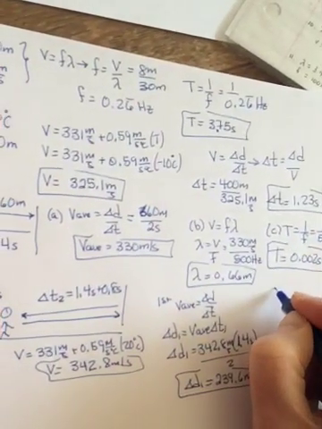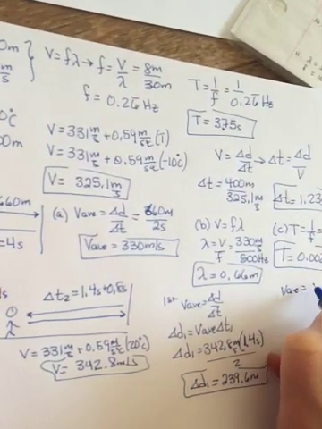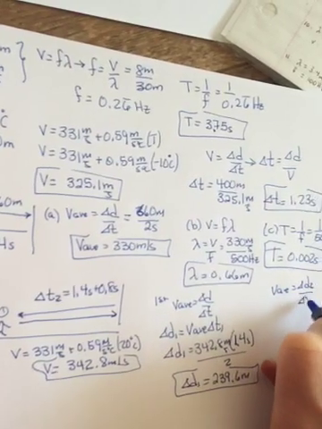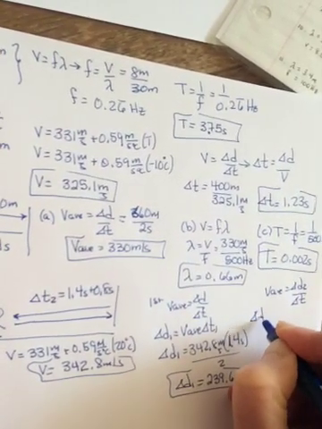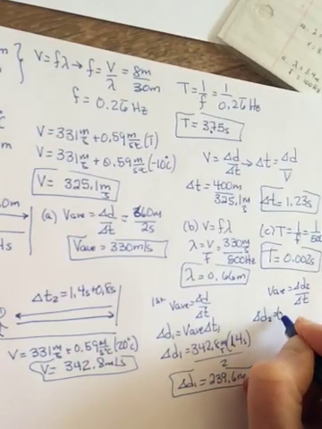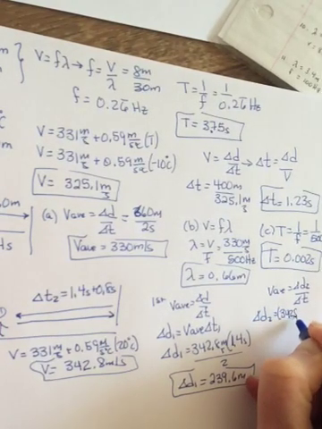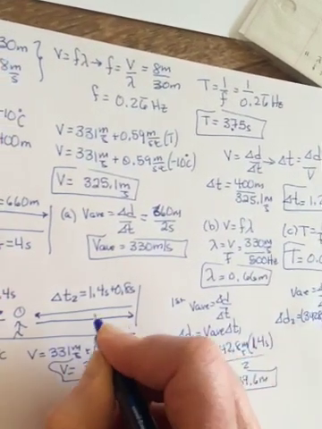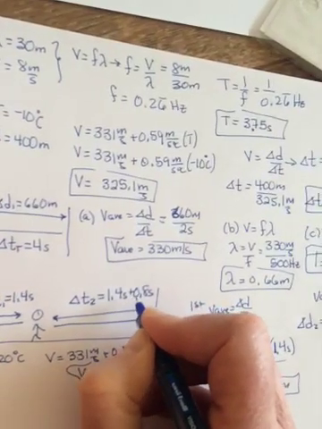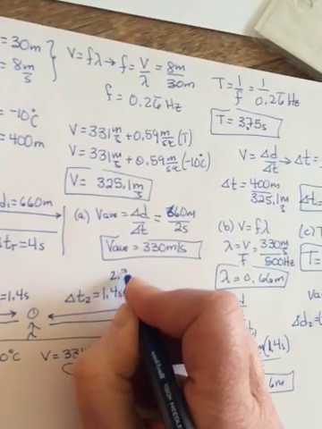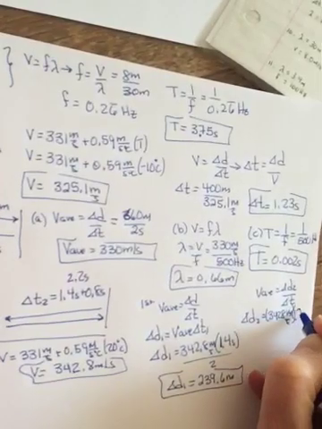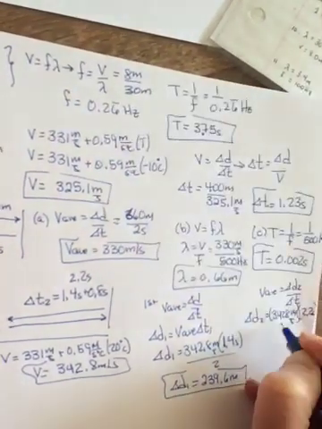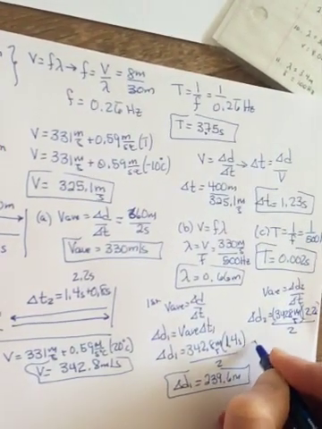The second part, exactly the same idea. v average equals delta D2 over delta T. So delta D2 is equal to 342.8 meters per second. And the second time, 1.4 plus 0.8, this is 2.2 seconds. So 2.2, and again, you have to divide by 2.